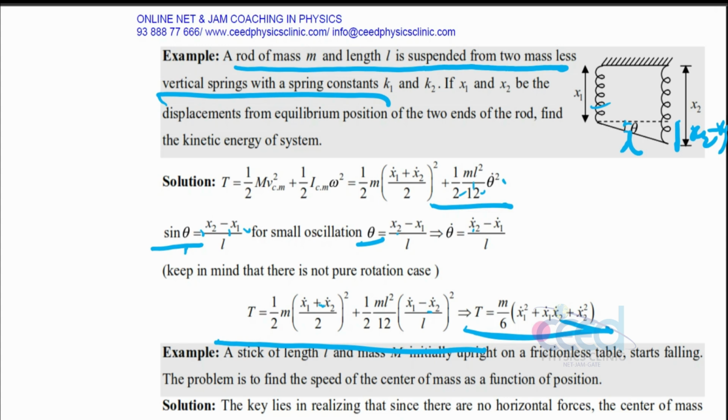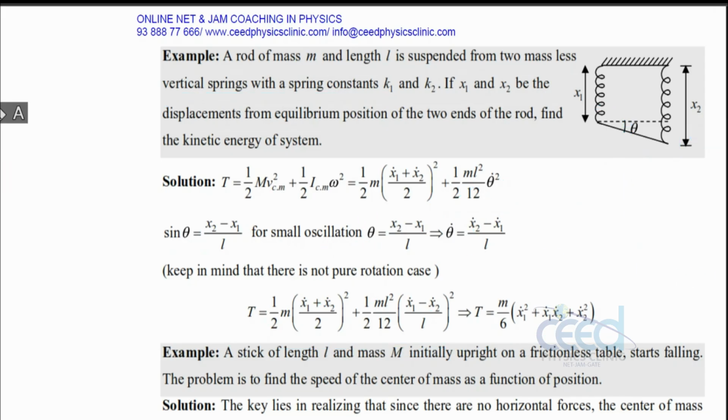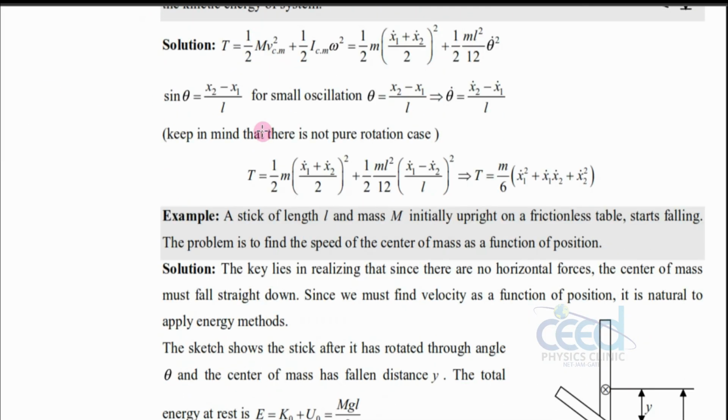Here x dot means x-axis velocity, y dot means y-axis velocity, so in two-dimensional space we can represent component velocity using a dot like this. All right, now let us come to another question.